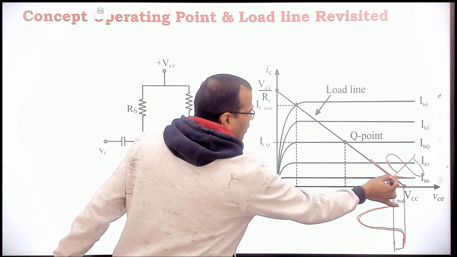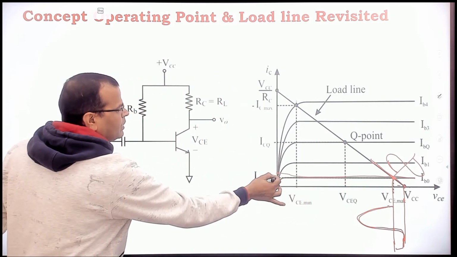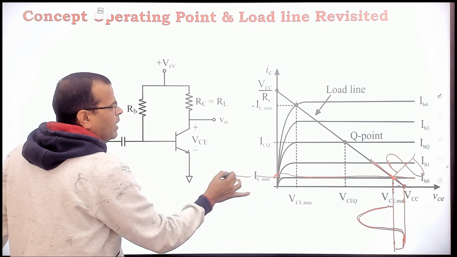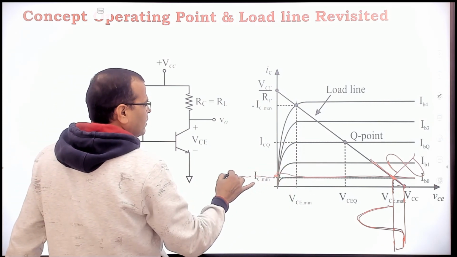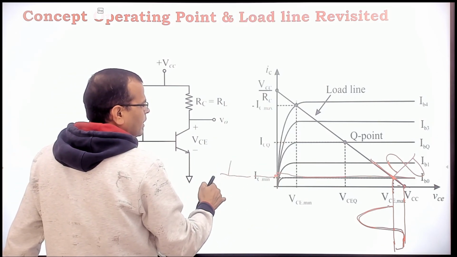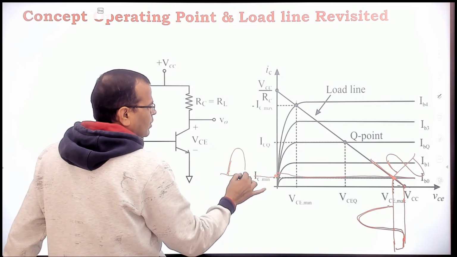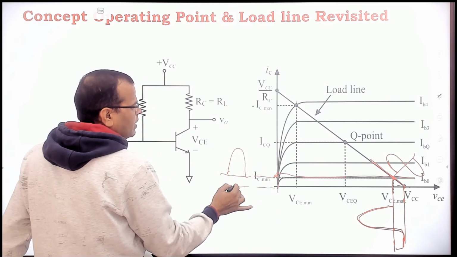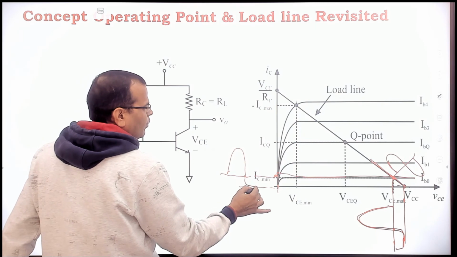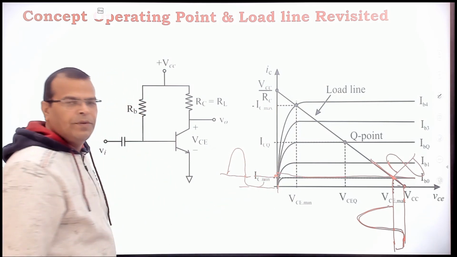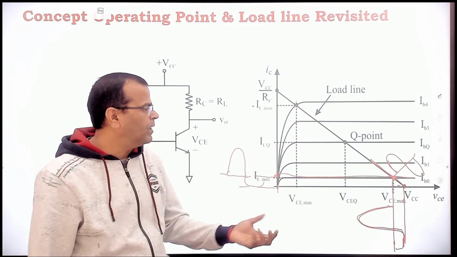Now come to this side. If you see here, when base current is increasing, collector current will increase like this, but on the downside my current cannot fall below this value, so it will not be sinusoidal. So what has happened?